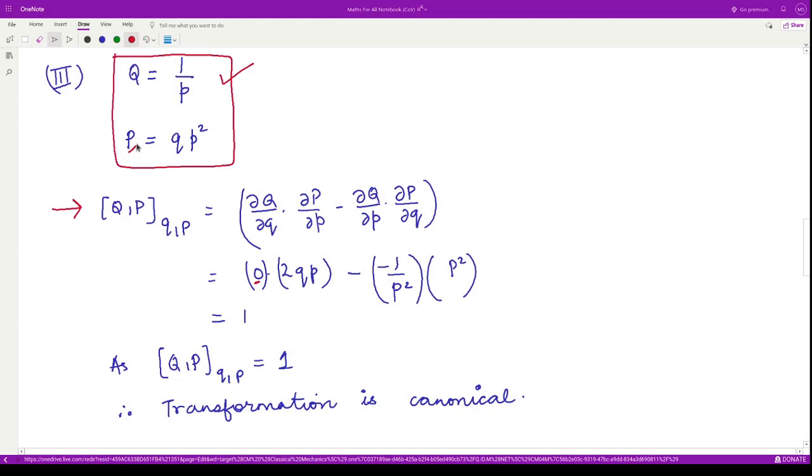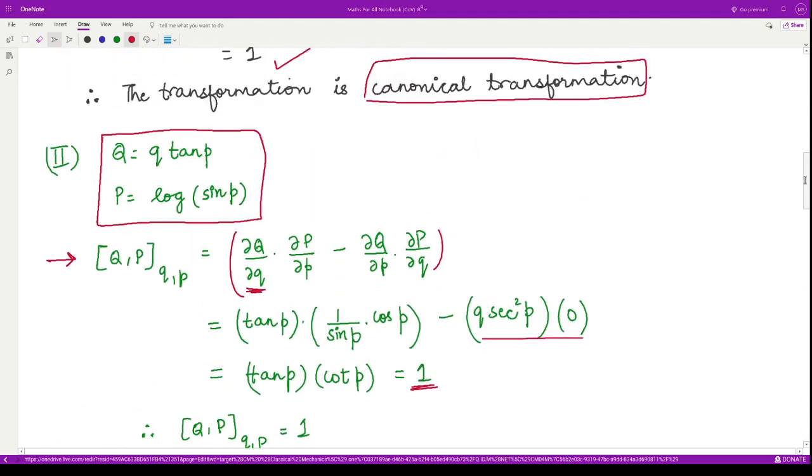Then the derivative of capital P with respect to small p: q is constant, so the derivative of p square is 2p, right, minus the derivative of capital Q with respect to p, here it is 1 upon p, so it comes out to be minus 1 upon p square, and the derivative of capital P with respect to q, so p square is constant, so the derivative would only be small p square over here. So obviously this cancels with this, and this term is 0, so we have 1 over here. So this transformation again comes out to be a canonical transformation.